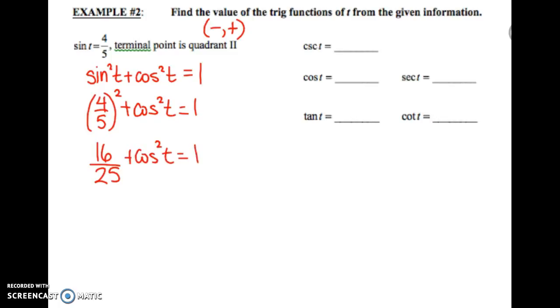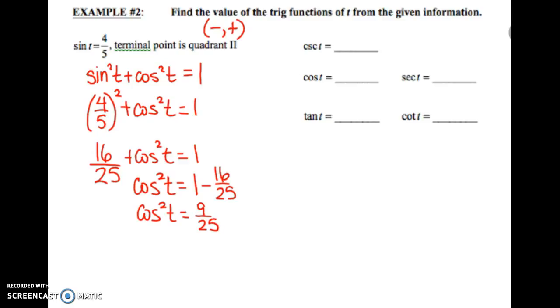So now if I want to solve for cosine squared t, that's going to be equal to 1 minus 16/25. Think of 1 as 25/25. So 25/25 minus 16/25 is going to give us cosine squared t is equal to 9/25.